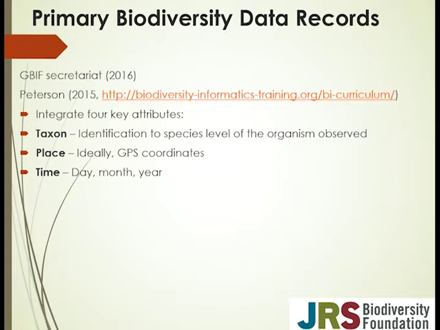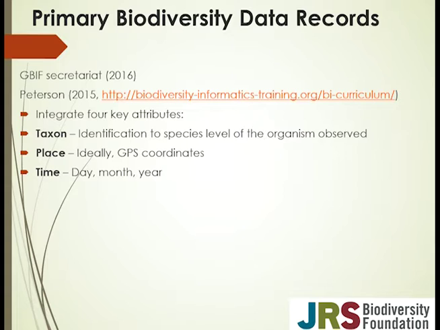The primary biodiversity data are characterized by four attributes. The first one is the taxon, which is the name of the organism that is observed. Here, the name is the scientific name provided by a taxonomist, a specialist in the field of botany, for instance, for plants, or an animal taxonomist with respect to animals.